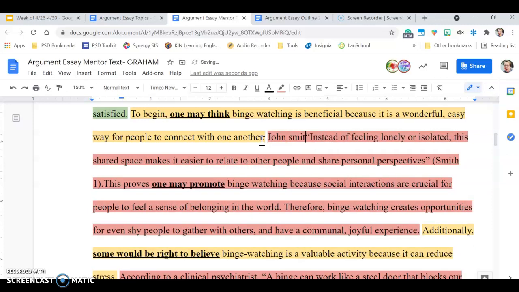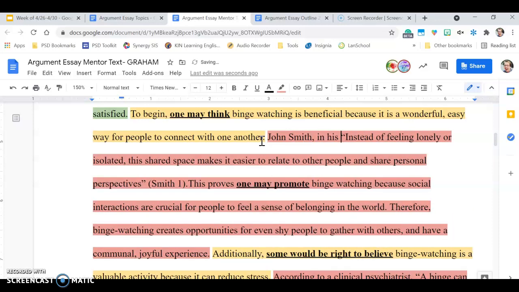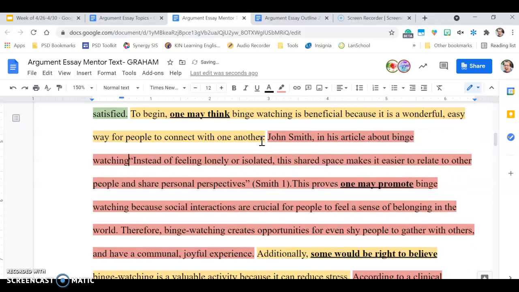John Smith, in his article about binge watching, says, "instead of feeling lonely or isolated," right? Again, I don't know that that's quite embedded entirely, but it's a little bit more of a sophisticated transition. So that's option one.